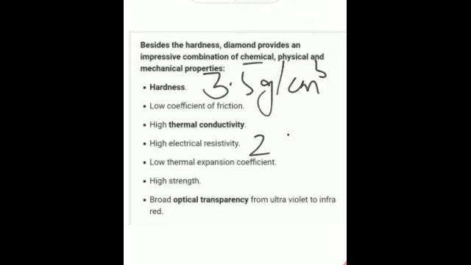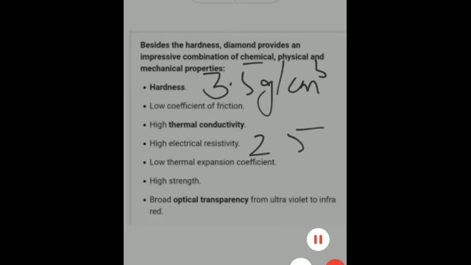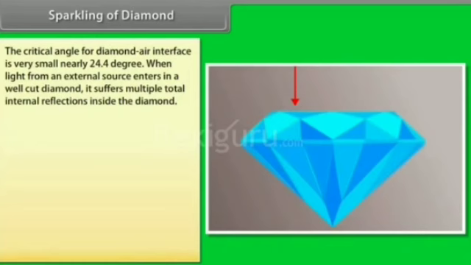The refractive index of diamond is very high, that is 2.5. When light enters the crystal of diamond, it undergoes multiple reflection, due to which it sparkles. So here you can see the refractive index of diamond is very high, and the critical angle for the diamond-air interface, which you must have studied in physics, is 24.4 degrees. When light from an external source enters a well cut diamond, it suffers multiple total internal reflection.